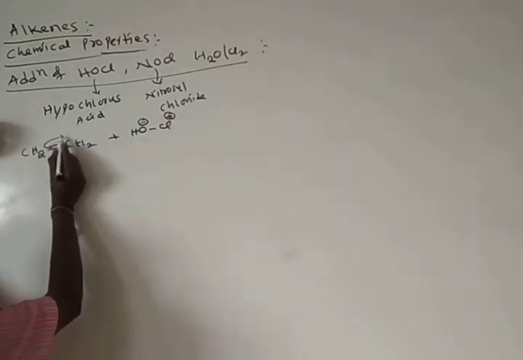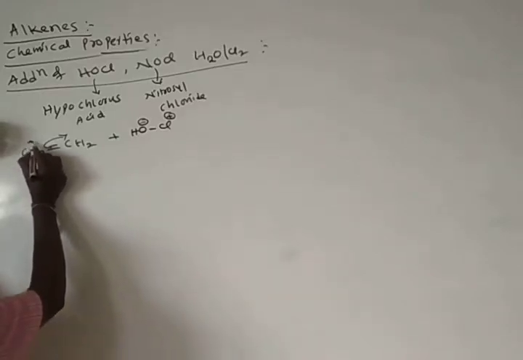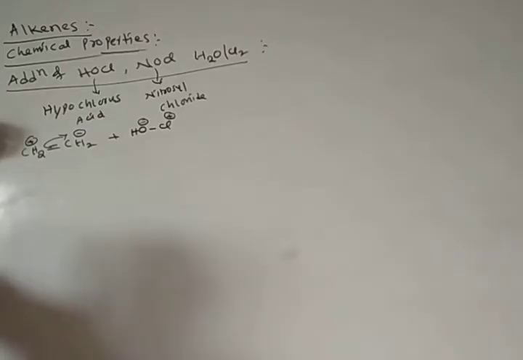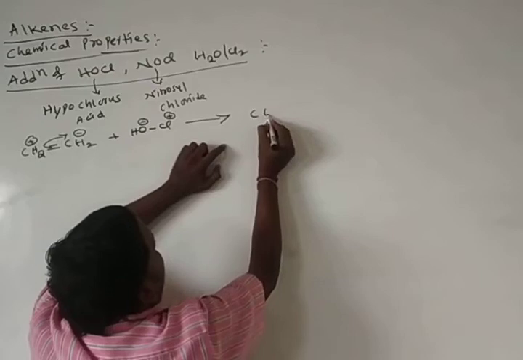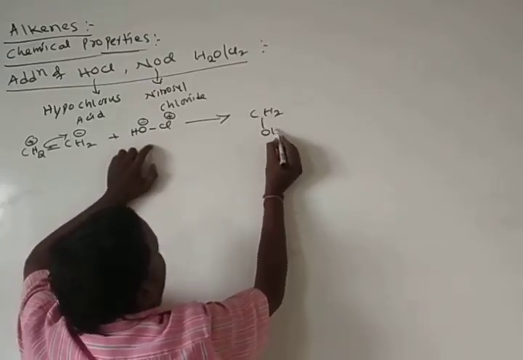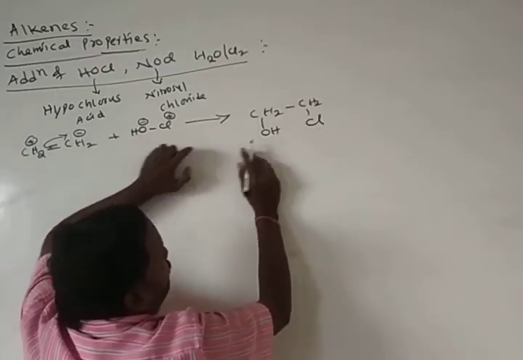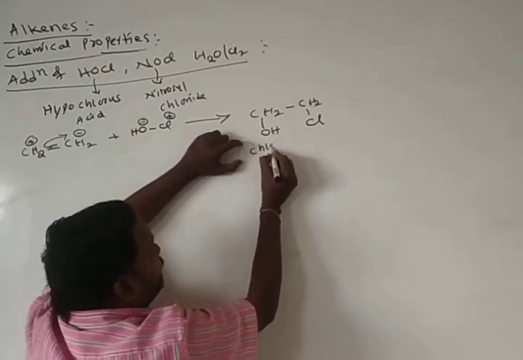Then electrons transfer towards one of the carbons, giving positive on one and negative on the other. Negative reacts with positive, and positive reacts with negative, and we get CH2(OH)-CH2Cl. Such molecules are called chlorohydrins.